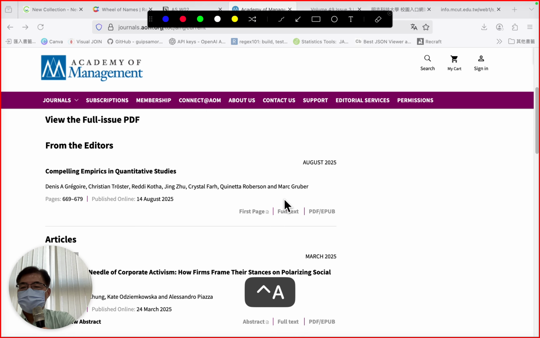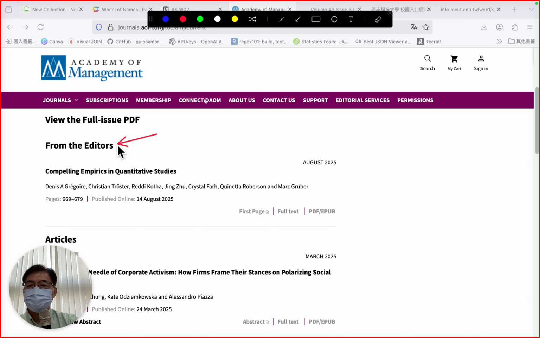Usually the editors in the journal, you can see here from the editor. Every journal has editors. They hold the top position in the journal, deciding which articles will be published. You can see the editors published an article called Compelling Empirics in Quantitative Study.